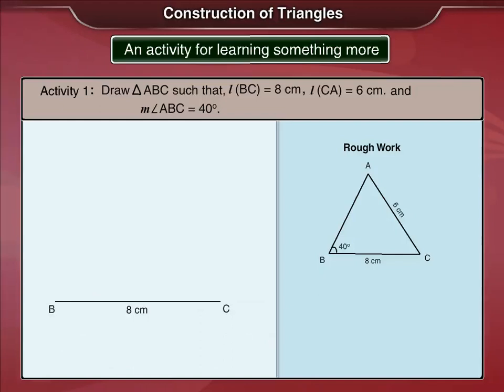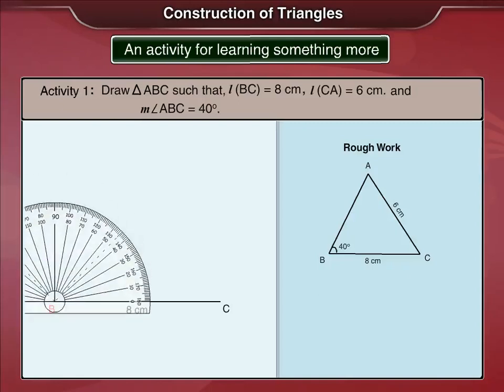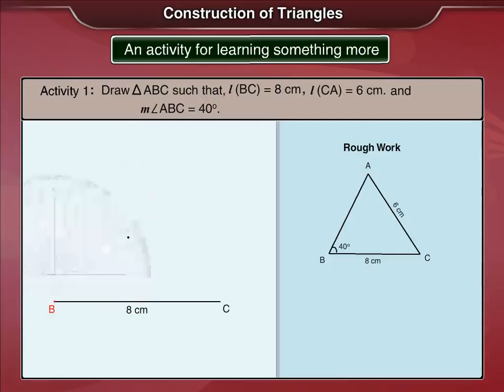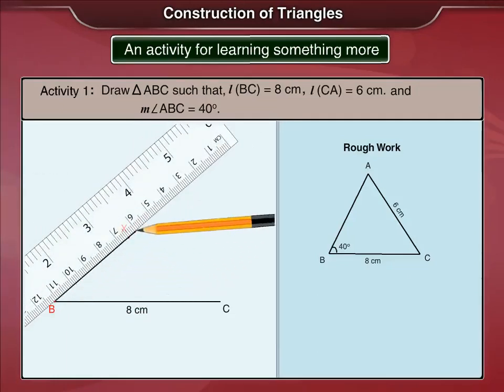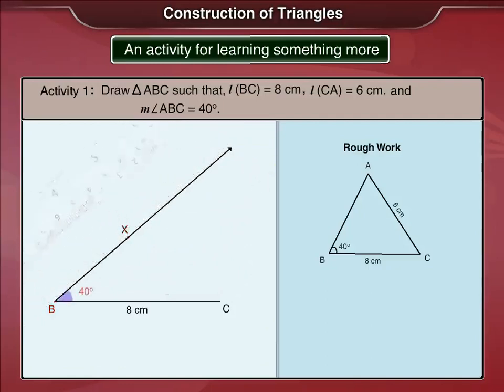The measure of angle P in triangle PQR so constructed is 45 degree. Measure angle Q is 60 degree and measure angle R is 75 degree. Now, construct this triangle taking QR 8 cm and with the same measures of the angles.